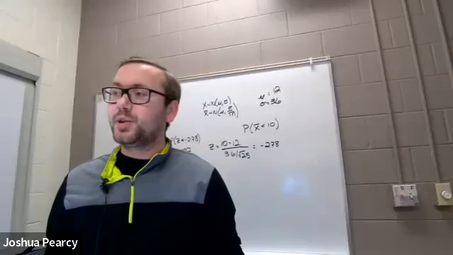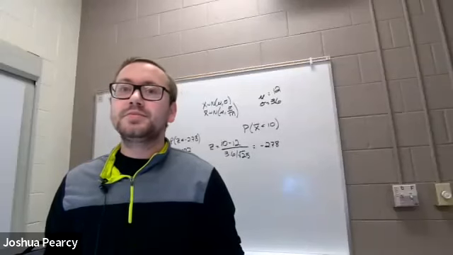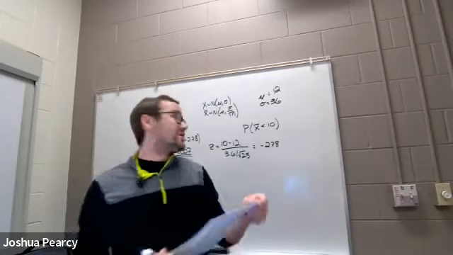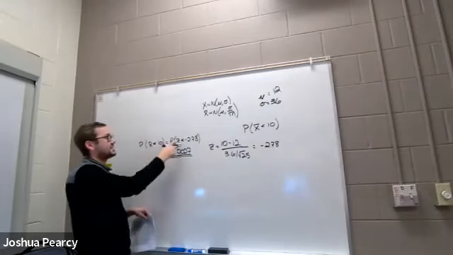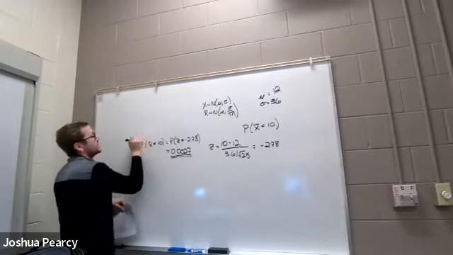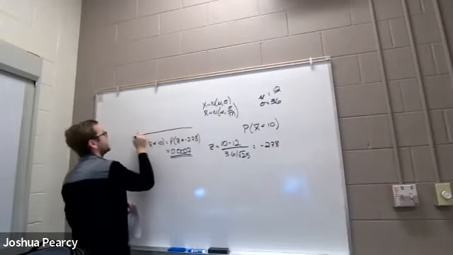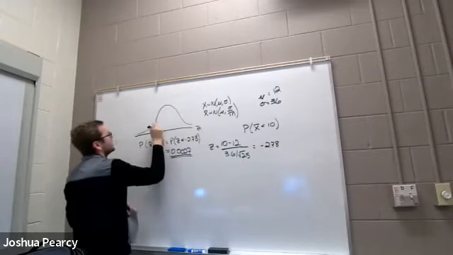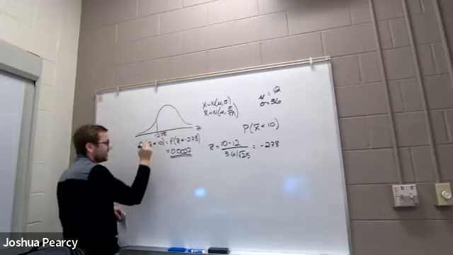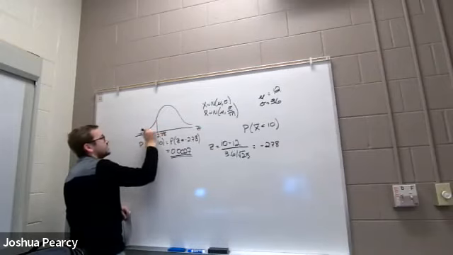Y'all see how I did that, or where I found it? So you're saying that the probability of getting a sample mean less than 10 is the same as the probability of getting a z-score less than negative 2.78. If you draw it out pictorially, here's negative 2.78. You're interested in the area to the left of that.